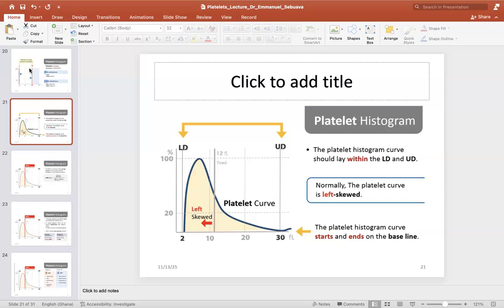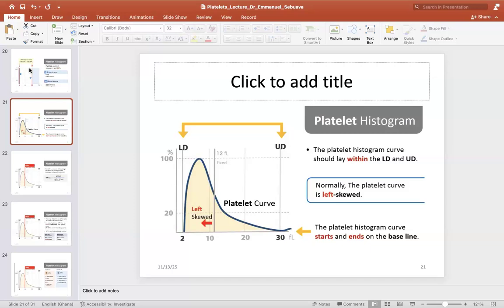But in the middle of that is one parameter that we actually use in knowing if our platelets are having a good shape, or they are having a larger than normal shape, or a lower than normal shape. And one of those parameters is your MPV, the mean platelet volume.